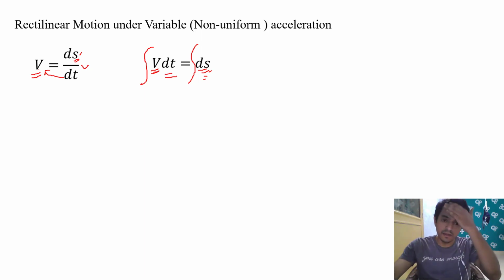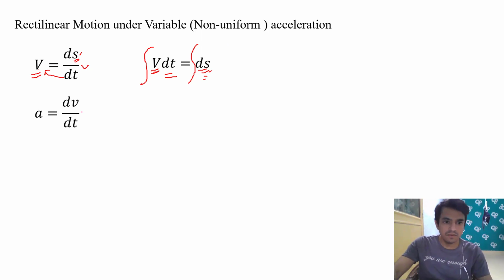Again, for the constant of integration, limits may not be given, but to find the constant of integration some boundary conditions will be given. Then again, a is equal to dv by dt. So if v is given, then by differentiating it we can determine the equation for acceleration.